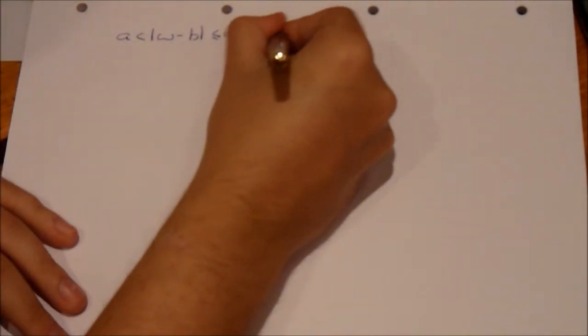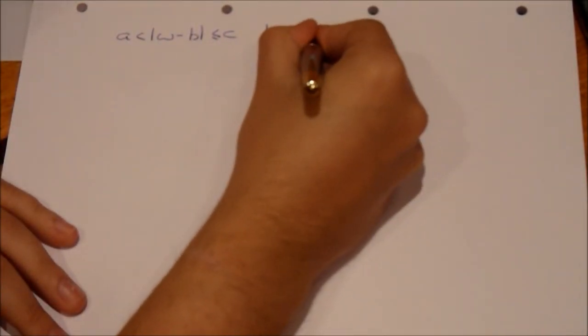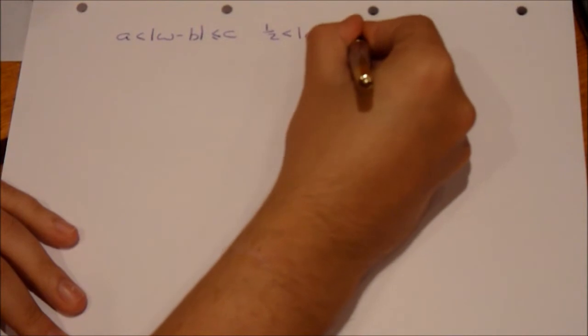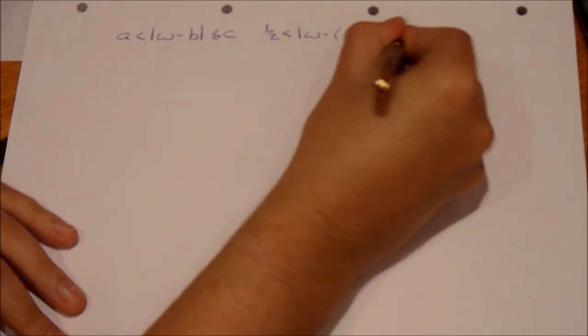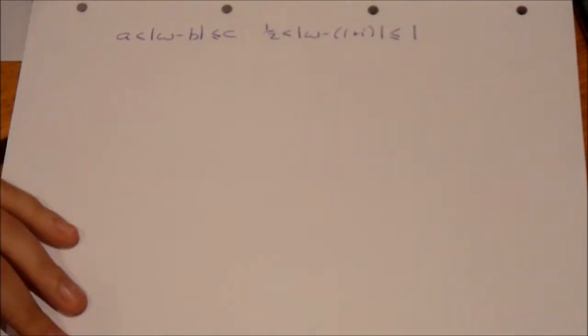So finally, combining all of this, if we want to sketch something of the form that we had in the beginning, that's a is less than the modulus of w minus b is less than or equal to, say, c. For instance, here I'm going to sketch a half is strictly less than the modulus of w minus 1 plus i is less than or equal to 1.